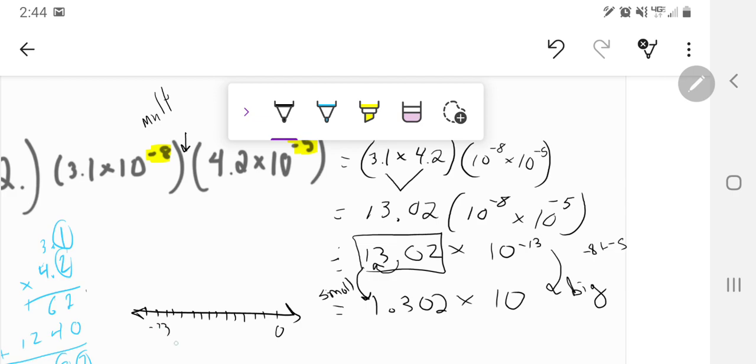If negative 13's here, bigger would be that way. So negative 13's here. We got to bump it 1 this way to make it, what number would that be? Negative 12. Not negative 14, but negative 12. All right, so there's our final answer there.